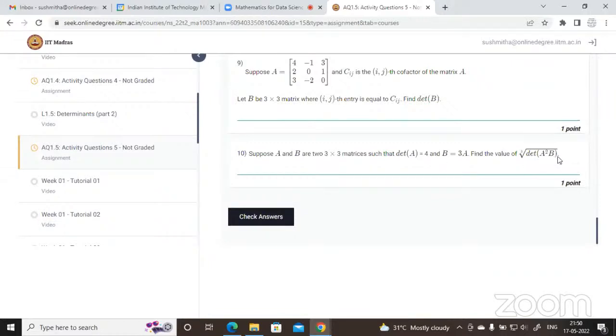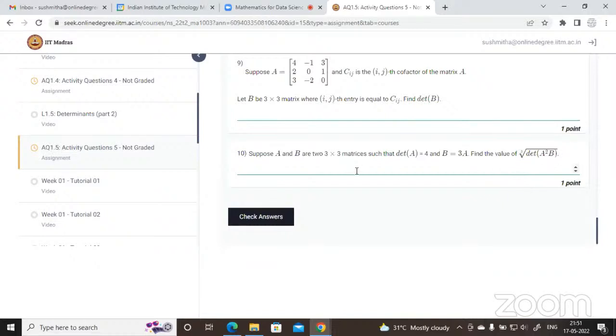B is 3A, so it will be the determinant of 3A cube. The determinant of 3A cube is going to be 3 cube times the determinant of A cube, because it's a 3 cross 3 matrix.